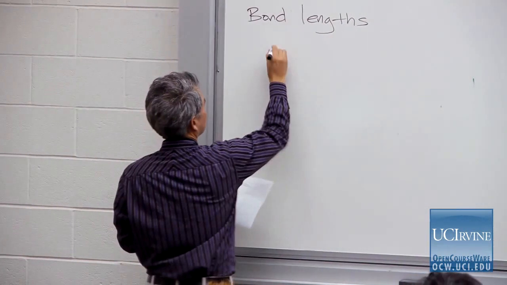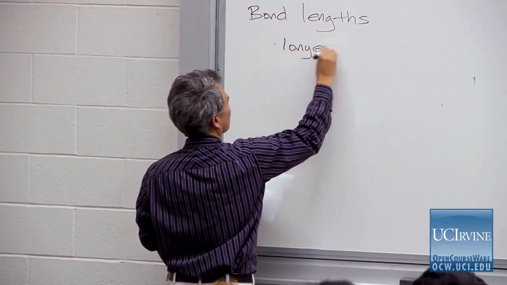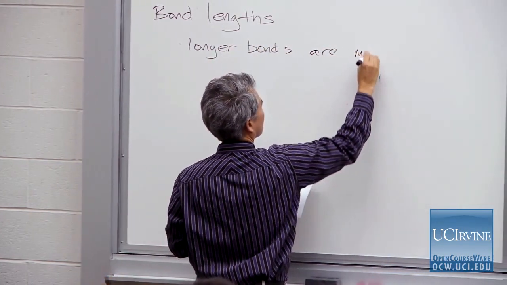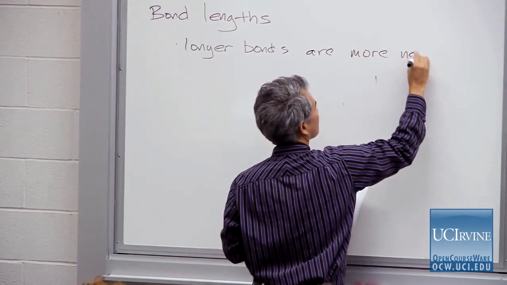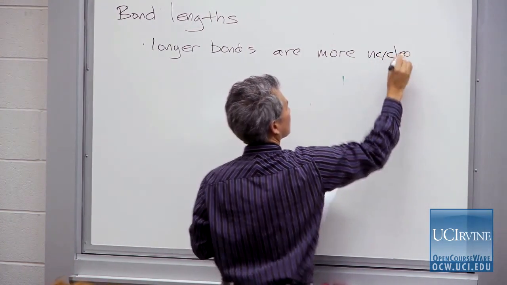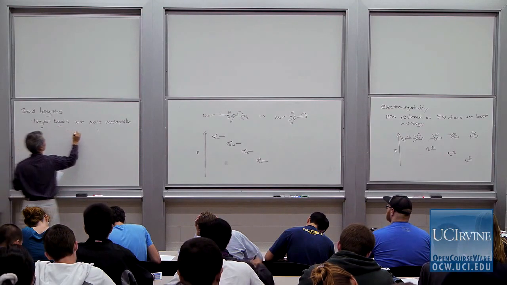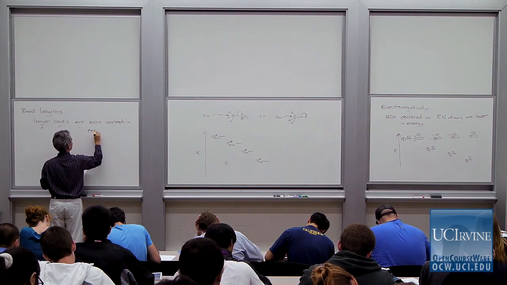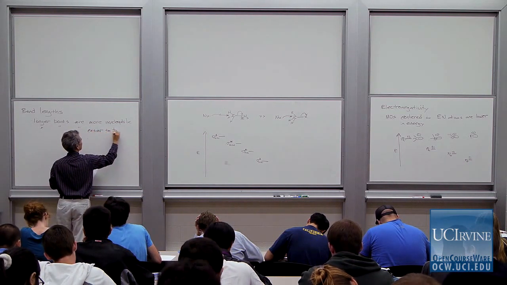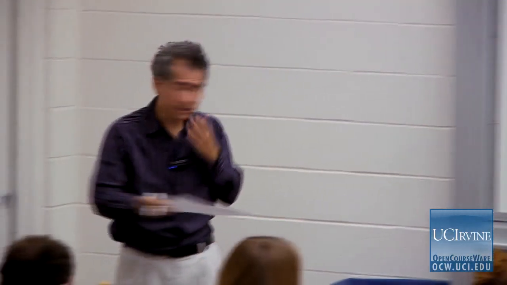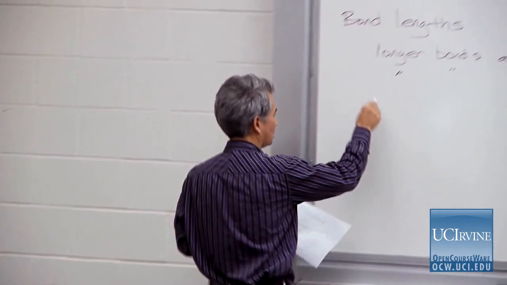Let's look at the effect of bond lengths on orbital energies, on the energies of frontier orbitals. Let's go ahead and take a look at the effect of making bonds either longer or shorter.